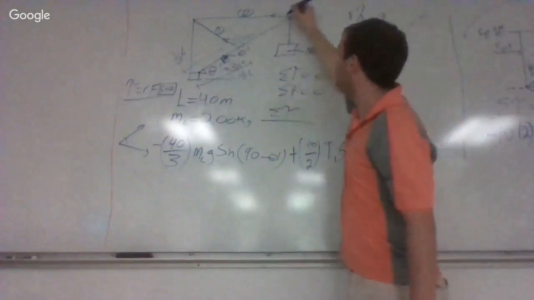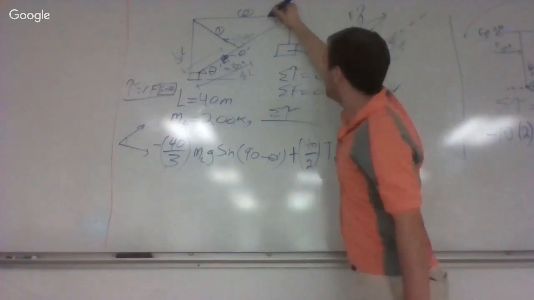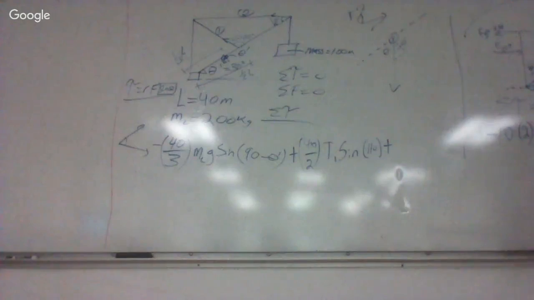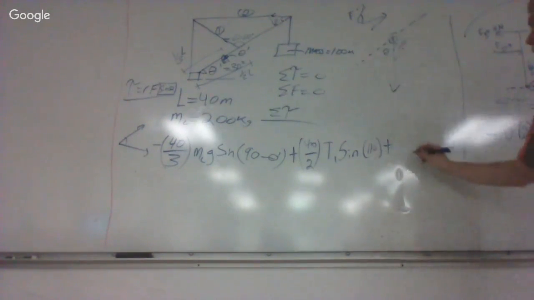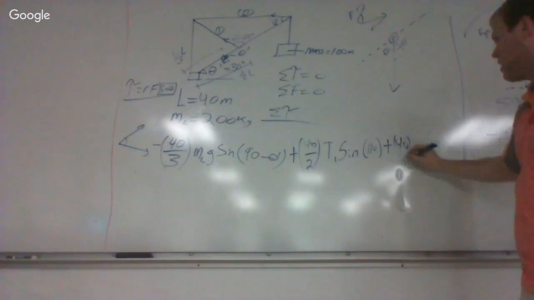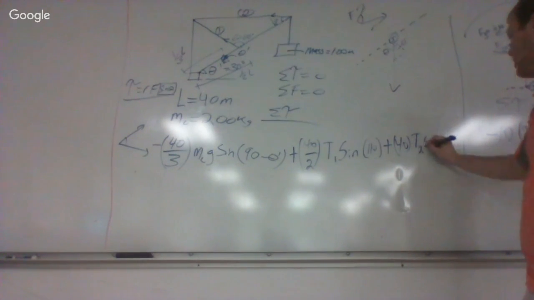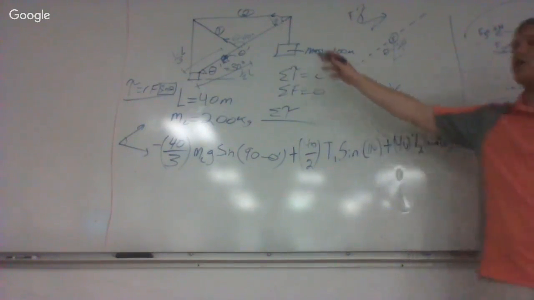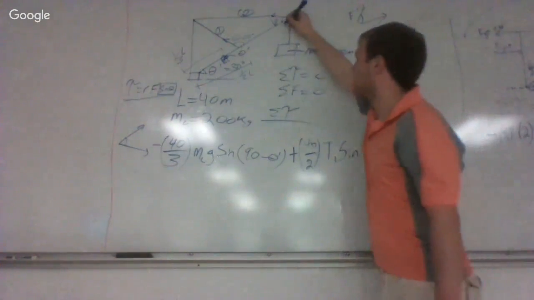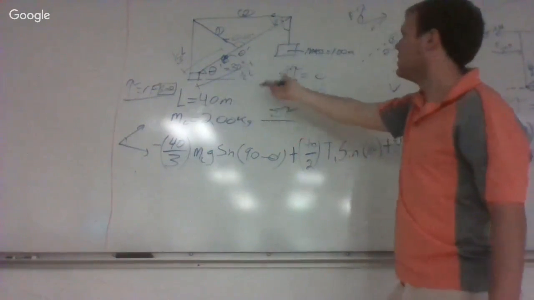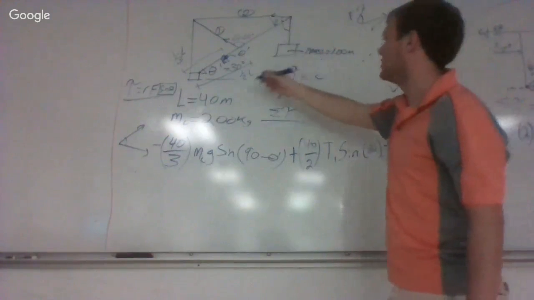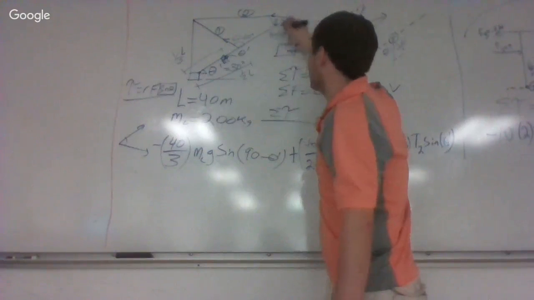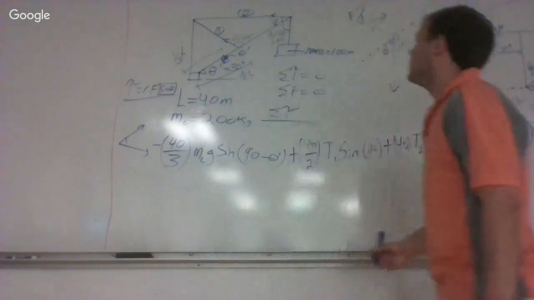We know that this angle theta prime is the same. So, which is 40, sine theta. This is the complement, or sorry, 90 plus 30, we subtract from 180, so 180 minus 120, 60 degrees here.